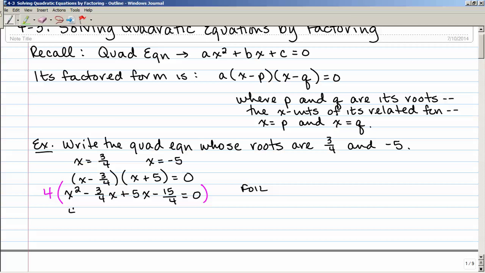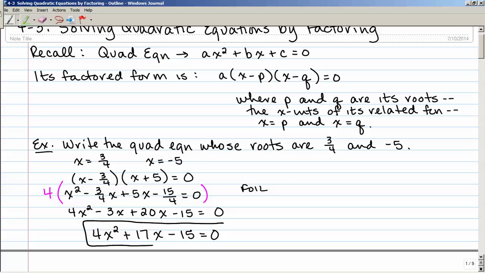So that's going to give me 4x squared minus 3x plus 20x minus 15 equals 0. And now combining like terms, 4x squared plus 17x minus 15 equals 0. And that is the quadratic equation that has as its two solutions x equals 3/4 and x equals -5.